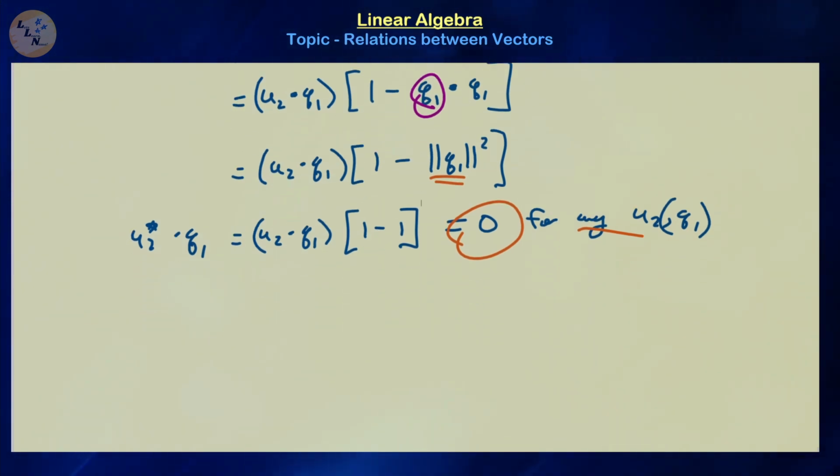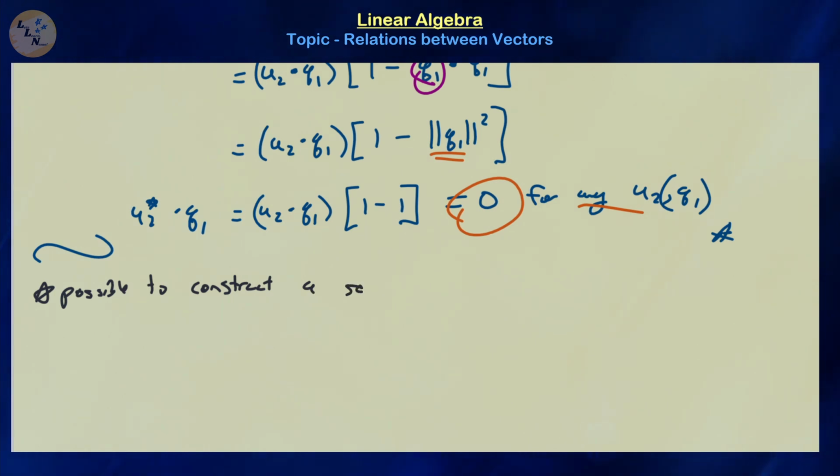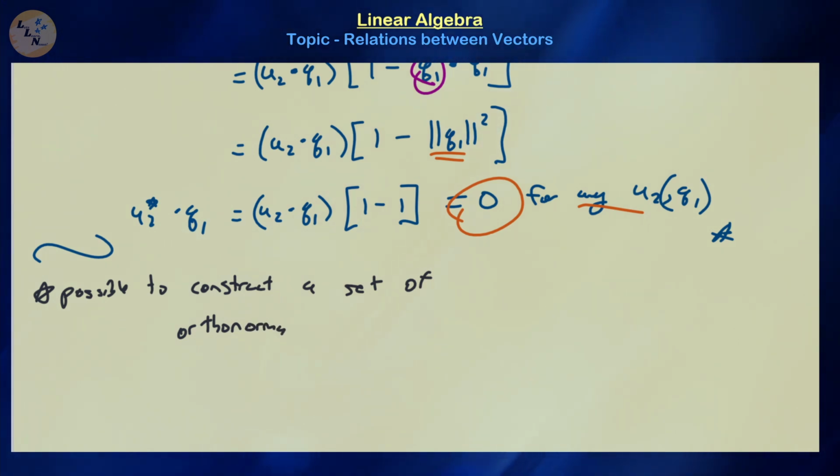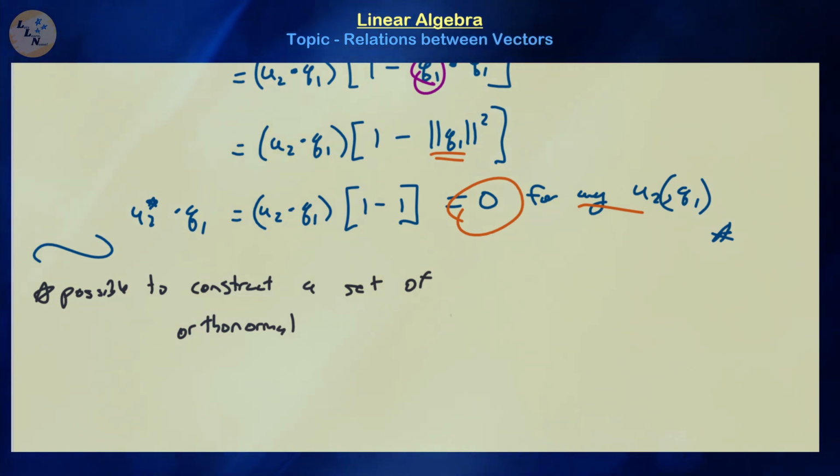So what exactly have we done here, and what is so special about this little formula and trick? What we've done is we've made it possible to construct a set of orthonormal vectors.